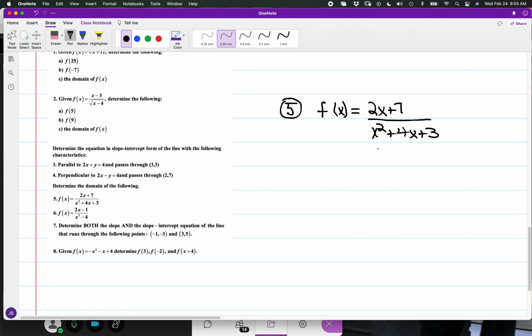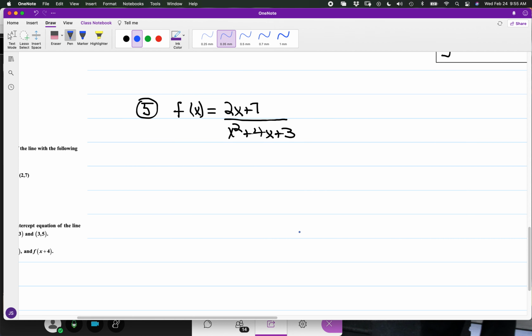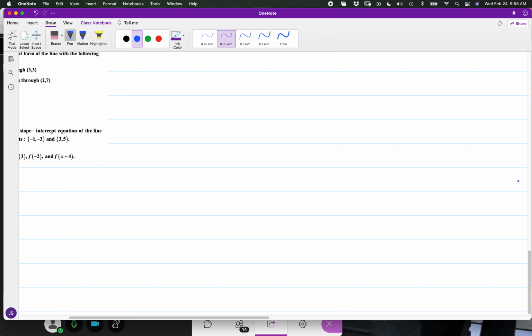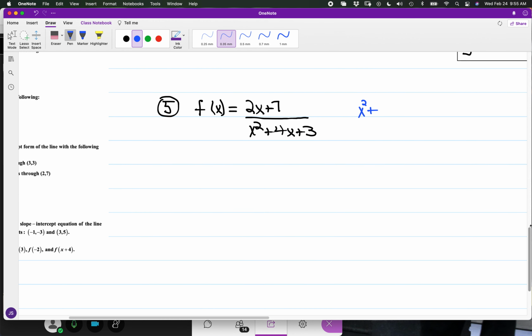All right, so the restriction is going to come with respect to the denominator, and the restriction is that we cannot have a zero-valued denominator. So here we have x squared plus 4x plus 3 cannot be equal to 0.